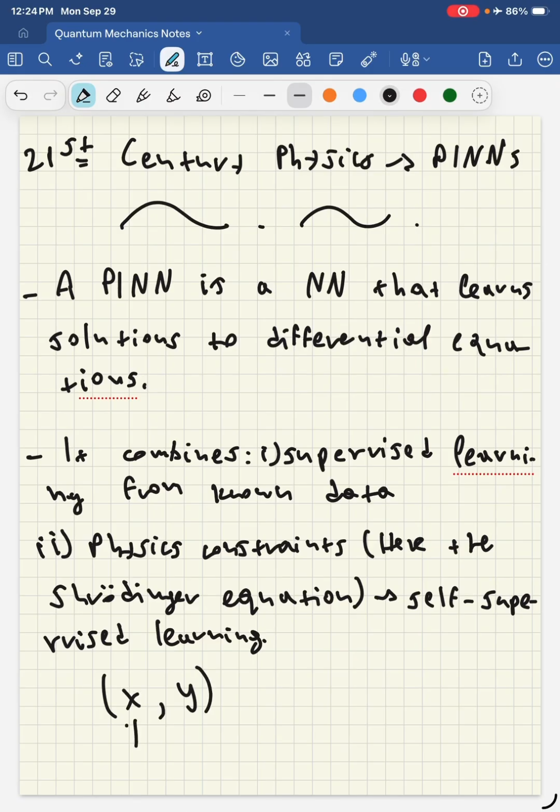But we know the data x, and we have the values of the function y at some points x. So for example, here, if we are calculating a wave function that looks like this, okay, this is a Gaussian pretty much, then x and y are these points here, for example, okay?